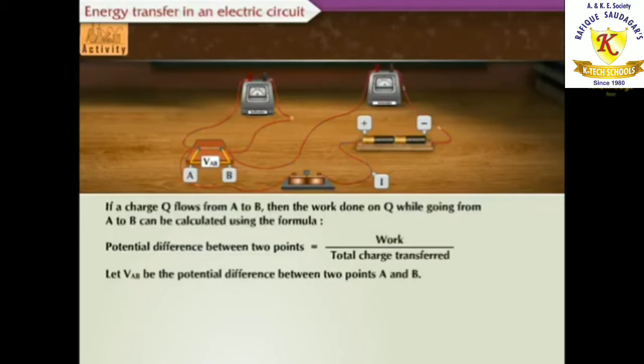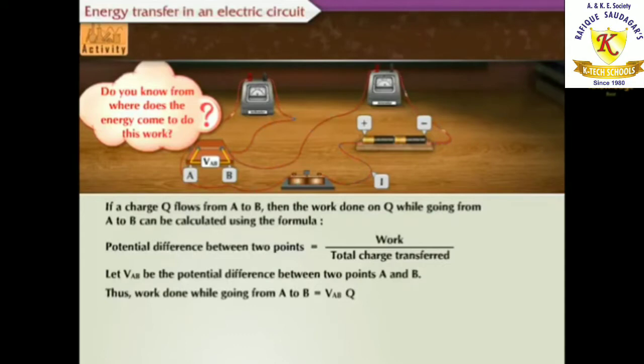Let VAB be the potential difference between 2 points A and B. Thus, work done while going from A to B is equal to VAB multiplied by Q.